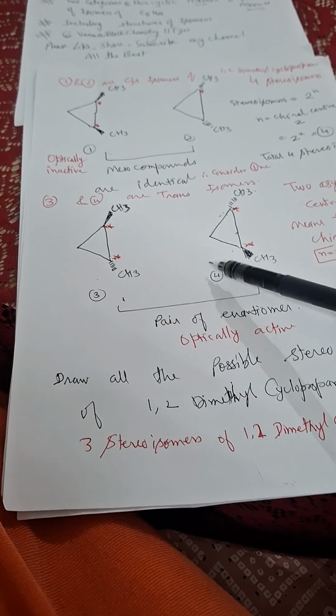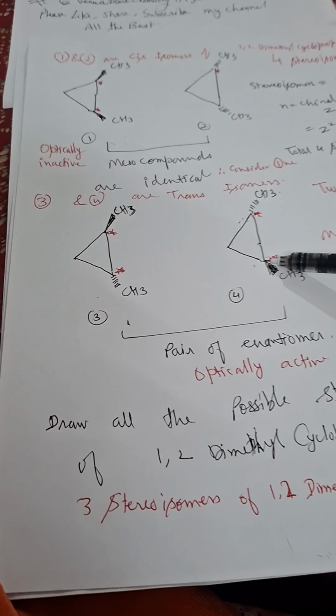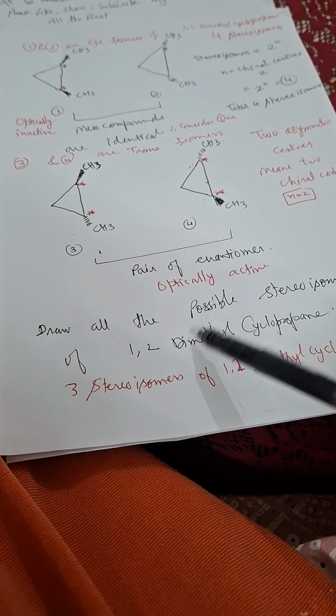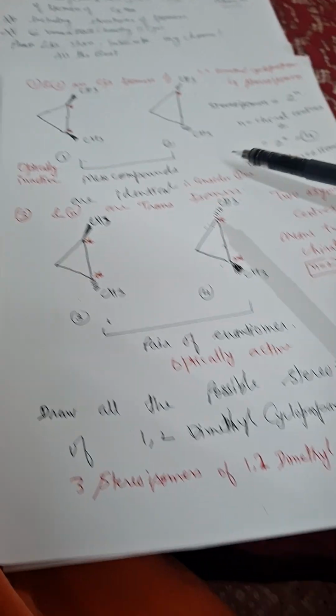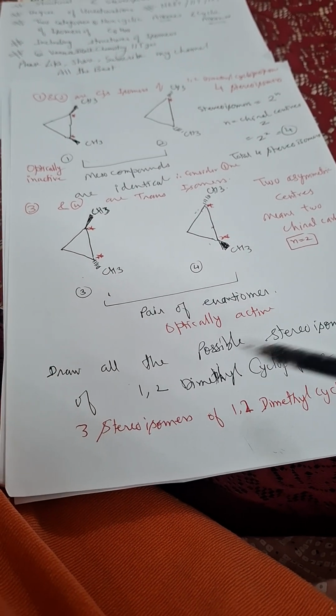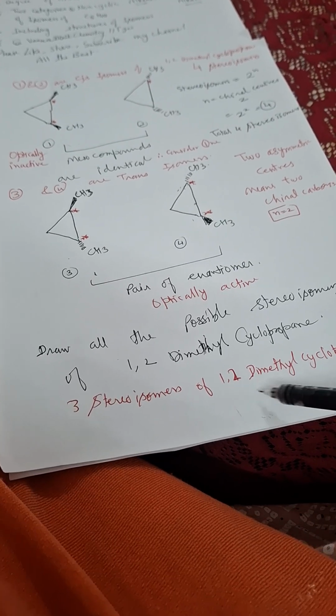So this is the D and L form, a pair of enantiomers, optically active compounds, non-superimposable mirror images of each other. And this one is a meso compound, optically inactive. So draw all the possible stereoisomers: these are all the stereoisomers of 1,2-dimethylcyclopropane, 3 stereoisomers. Clear?